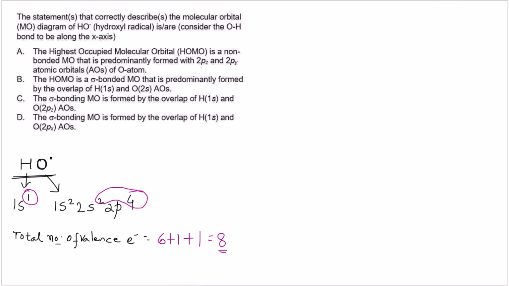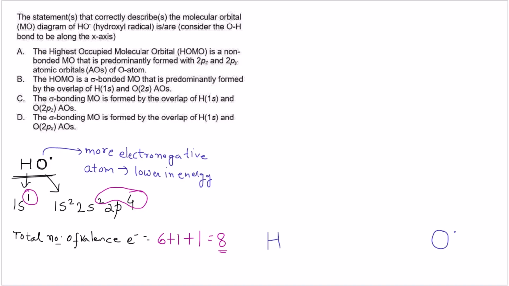So we can write here, on one side hydrogen, and on the other side oxygen radical, for the atomic orbitals. Now we know from molecular orbital theory that the more electronegative atom will be lower in energy in the molecular orbital diagram. So that means we have to place the atomic orbitals of hydrogen very high up as compared to the atomic orbitals of oxygen.